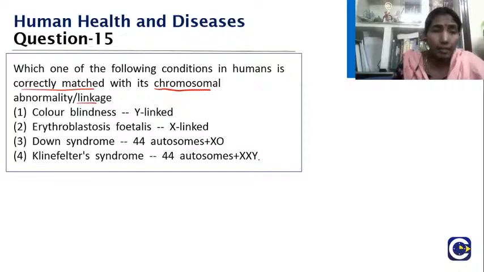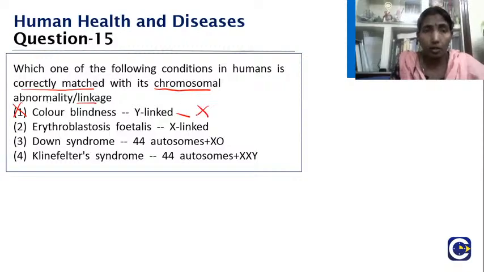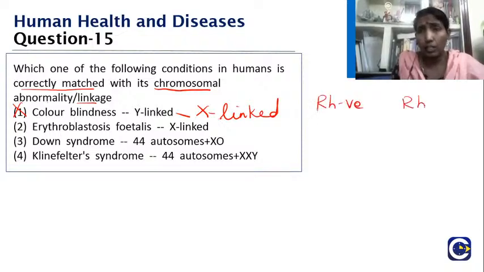Okay, let me explain. When it comes to color blindness, it is actually not a Y-linked disorder, it's an X-linked recessive disorder. Okay, color blindness. So that is wrong. What about erythroblastosis fetalis? This story is different. Rh negative mother, Rh positive father, they are going to have an Rh positive child.